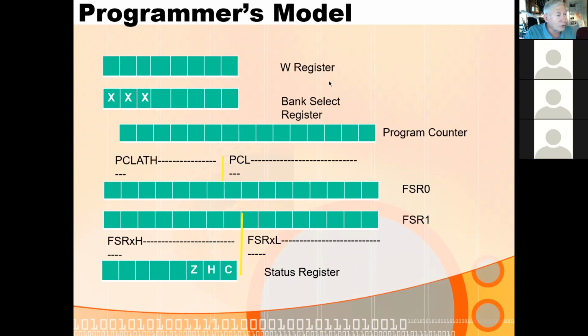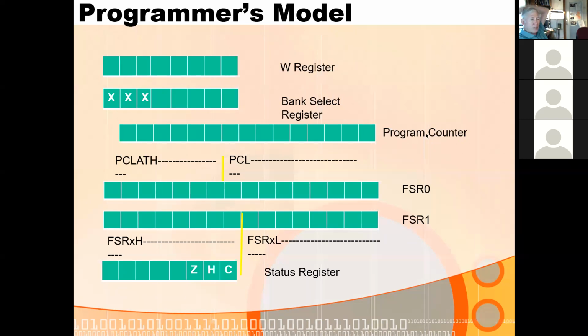register. Now, how do you get them in the bank select register? You have to put them there. And if you don't put them there and they're not there, you have a problem. Now, the nice thing is there are some random access memory locations and some special core registers that are mapped into every single bank. So it doesn't matter what the bank select register is pointing to, you'll always get to the right location.